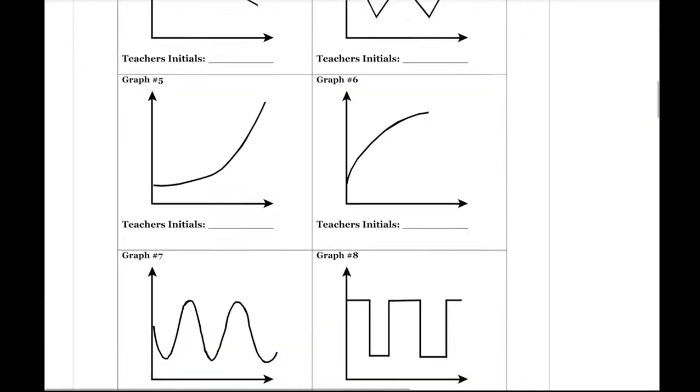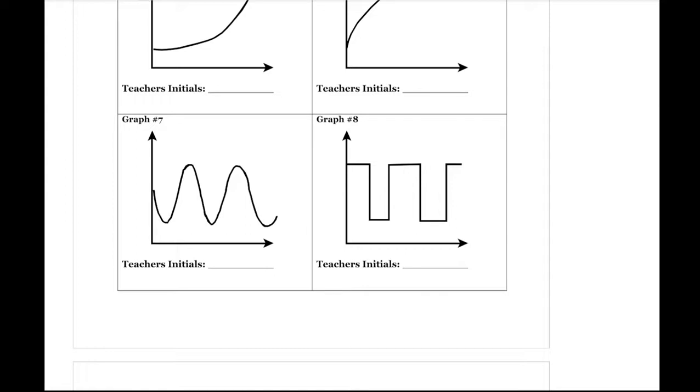Let's see if we can replicate number 7, and we'll take a guess at graph 8. So hopefully we can now understand what's going to happen here, because now we're combining the directions and the curved lines rather than straight lines.